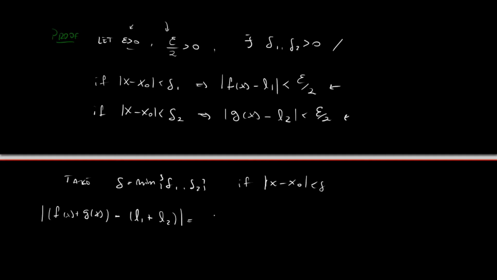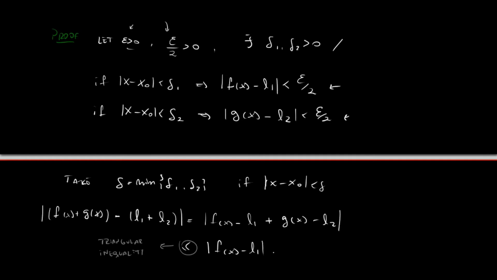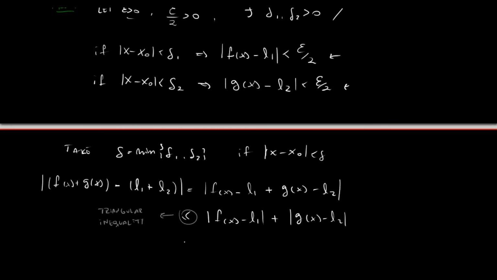We can rewrite this as f of x minus L1 plus g of x minus L2. And now, as always, we can use the triangular inequality, and so we have that this is smaller than or equal to the absolute value of f of x minus L1 plus the absolute value of g of x minus L2. And now, as before, we can make each of these terms smaller.